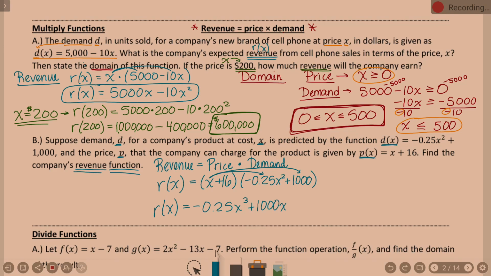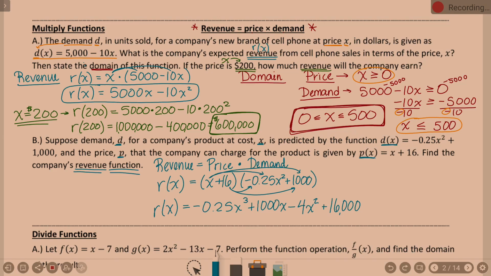Now, 16 times negative 0.25 X squared. Negative 4 X squared. And 16 times 1,000? 16,000. Okay.